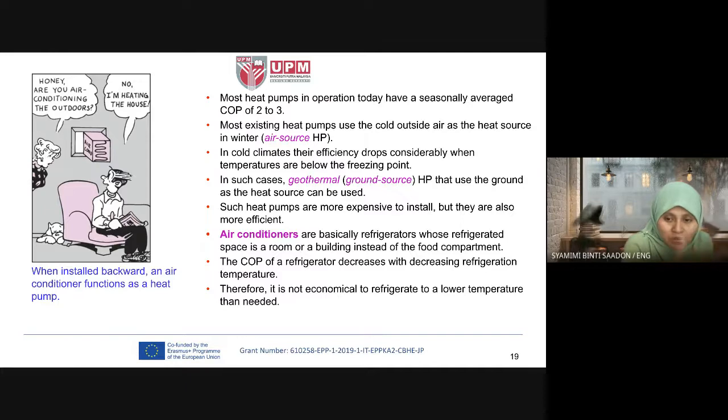It keeps on producing extra work to refrigerate the freezer, the food compartment, even though it is not needed to refrigerate until that lower temperature. So we need to refrigerate it at just enough temperature, not too low.